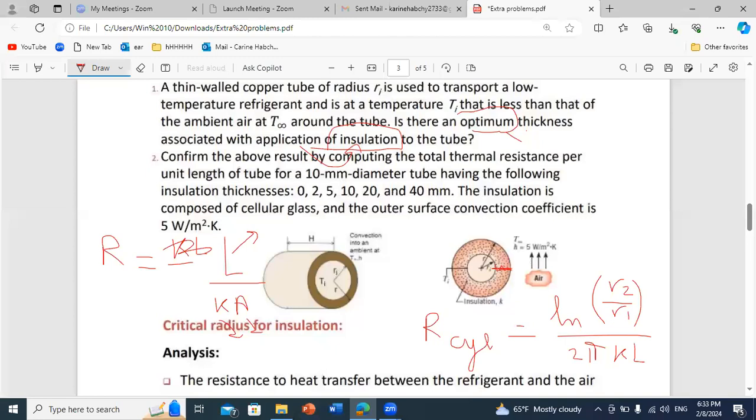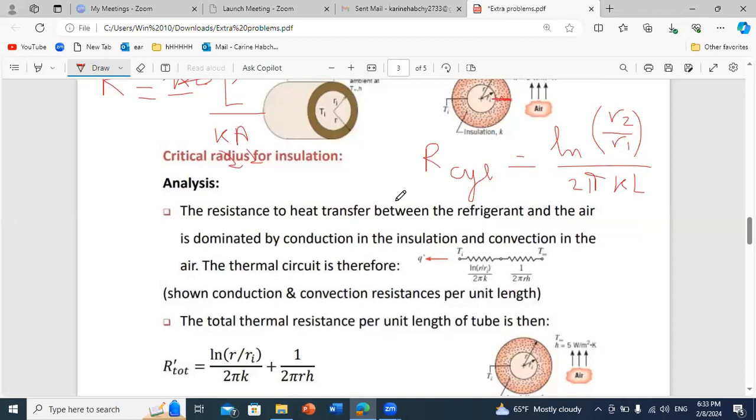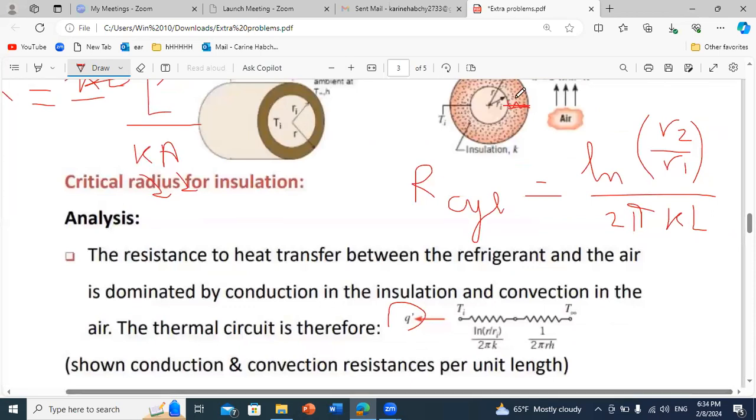This is why, as we used to do in the course material, we can build by analogy an electrical circuit, but now we consider that the voltage is equivalent to temperature and the current is equivalent to heat flux. So if we draw this circuit together, let us zoom a little bit. Initially, at the inner side, we have the temperature of the inner surface. And from the other side, from outside, we have T infinity.